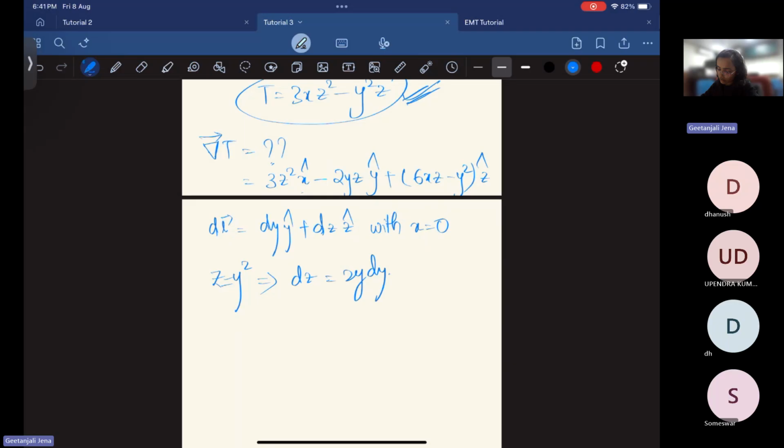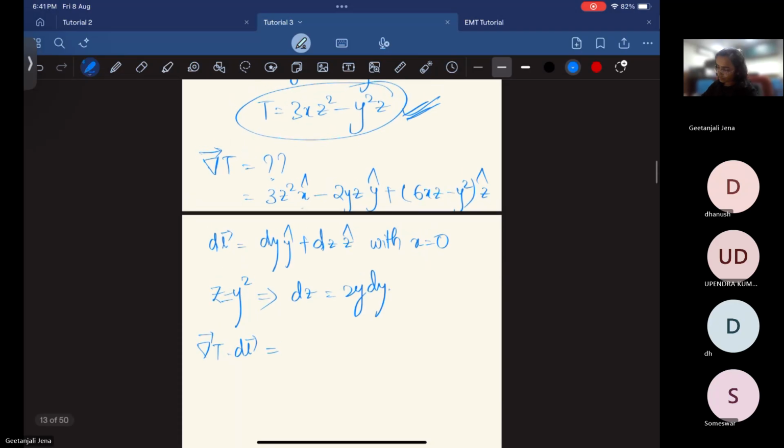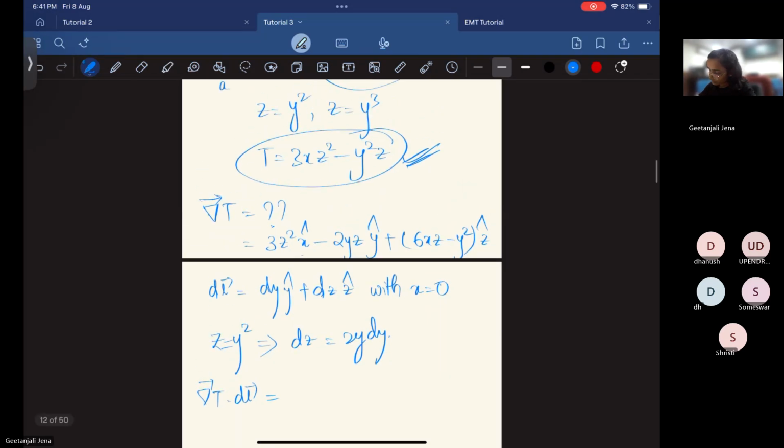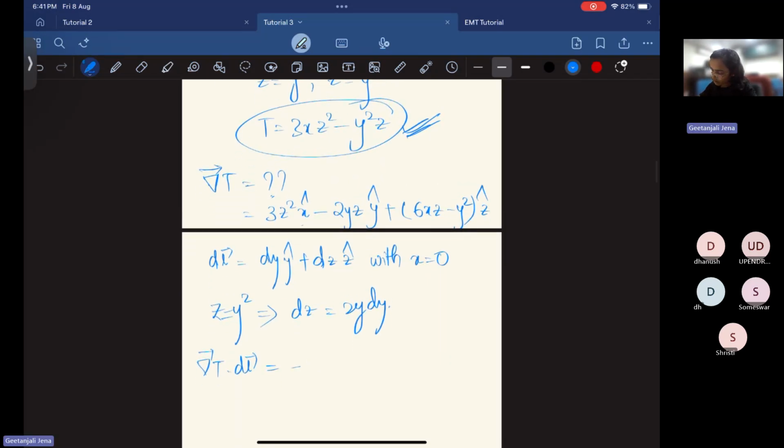To simplify the integration further, you can write it this way. So gradient of T dl will give minus 2y, z is y square, dy minus y square 2y dy.